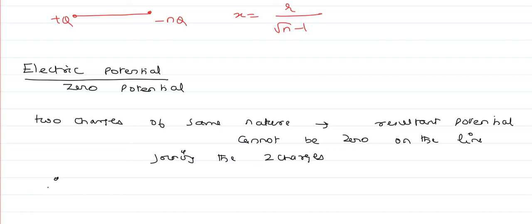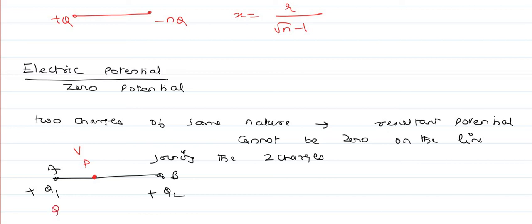Why? Take for example point A, point B where Q1, Q2 are there, and you are going to find out equal, not equal, same nature charge. So let us consider a point P. If you want to find out the potential at the point P, then it will be due to what? Both A and B. Both are of the same nature. Same nature means only addition you will do. When you add it, it cannot be 0, right?